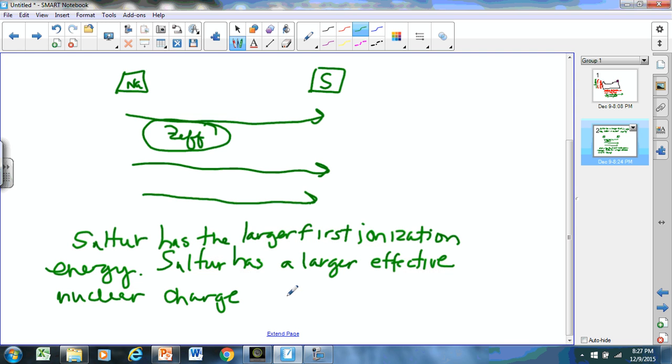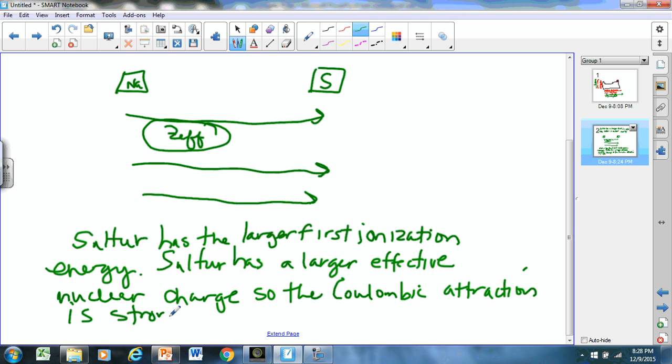Sulfur has a larger effective nuclear charge, so the Coulombic attraction is stronger, period.